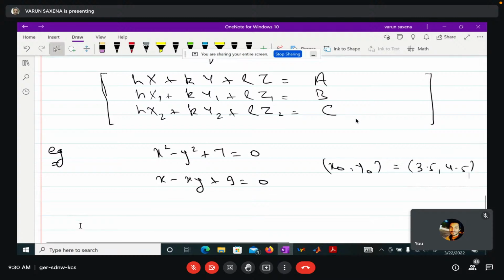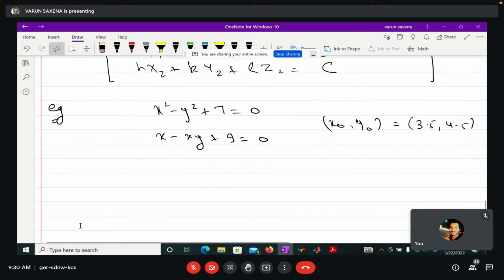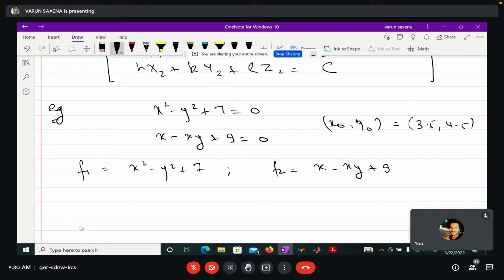So let's proceed with this one. So f1, I'm not going to write x comma y because that's understood. So f1 is x square minus y square plus 7. f2 is x minus xy plus 9. So this is given to us.